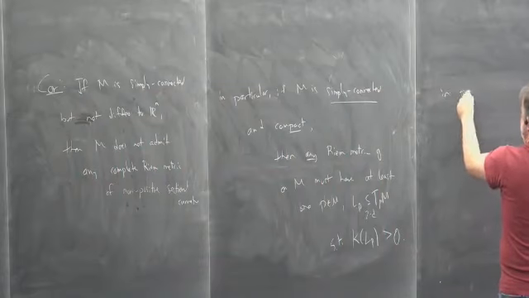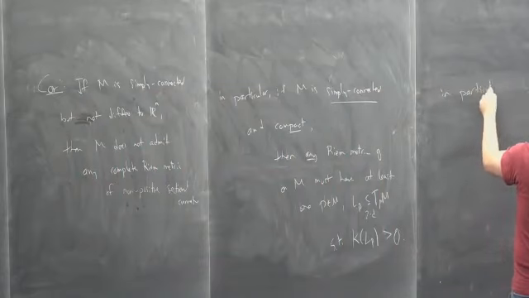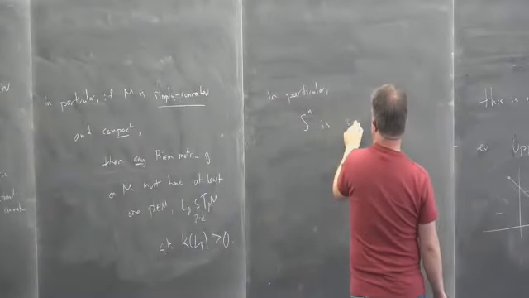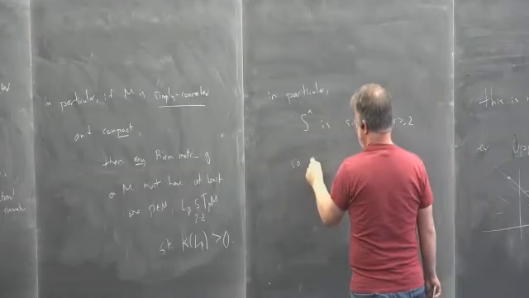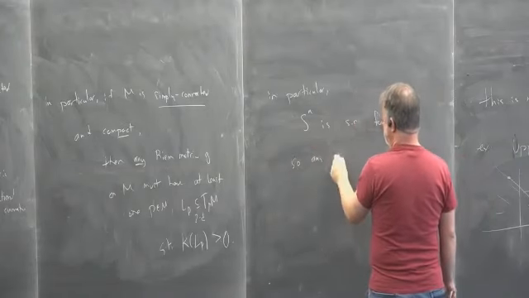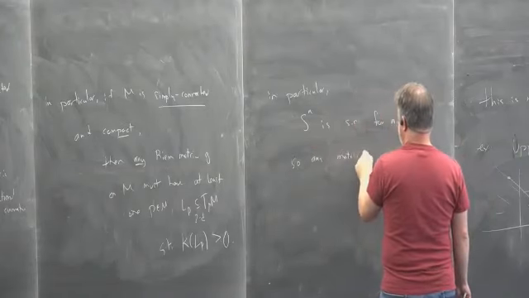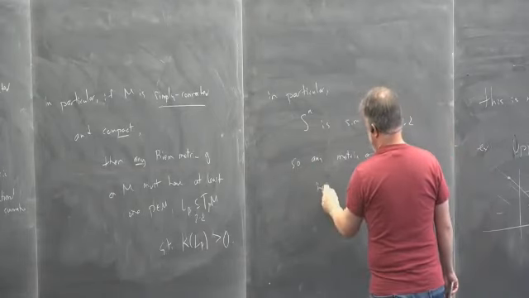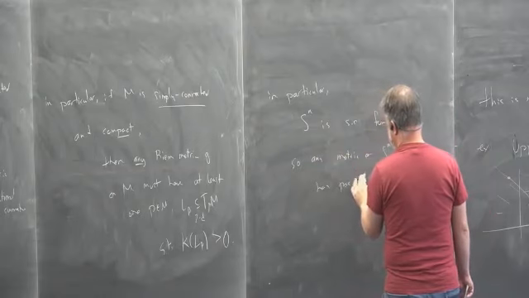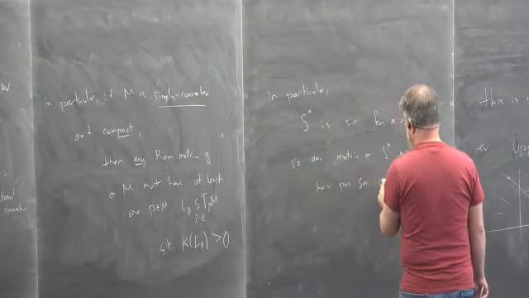So in particular, S^n is simply connected for n at least 2, and it's compact, so any metric on S^n with n at least 2 has positive sectional curvature somewhere.